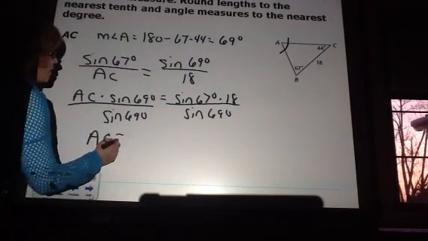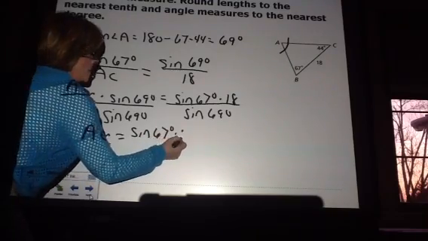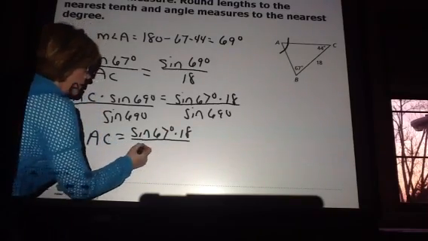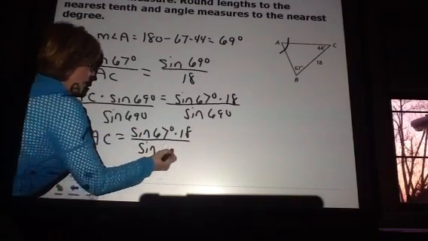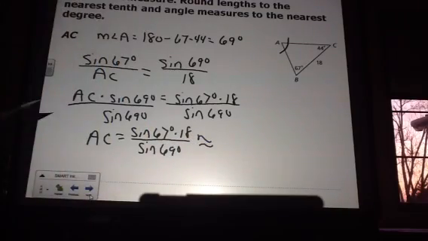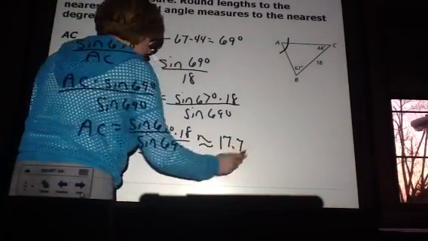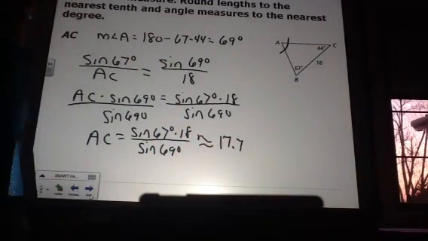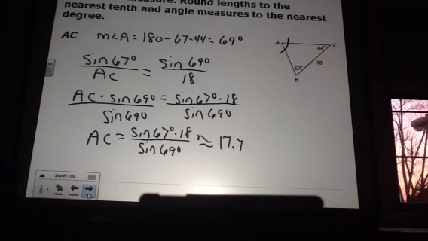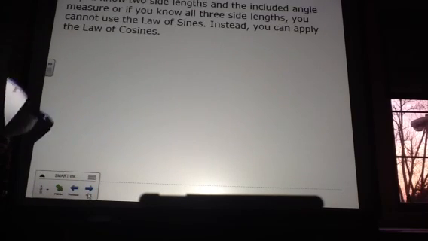So AC is going to equal the sine of 67 degrees times 18 divided by the sine of 69 degrees. And you should get approximately 17.7. And I believe that's it.